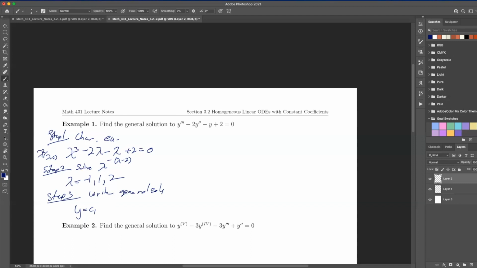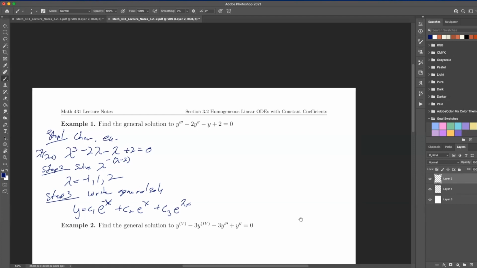I have C1 e to the minus x plus C2 e to the x plus C3. That's not a 3. E to the 2x. And that's it.